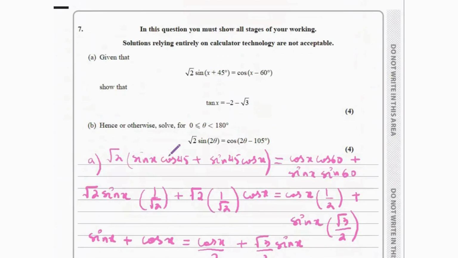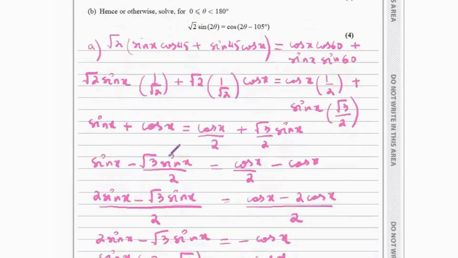Then it says, hence or otherwise solve for theta from 0 to 180 for the same equation. For the equation root 2 times sine 2 theta equals cos of 2 theta minus 105.